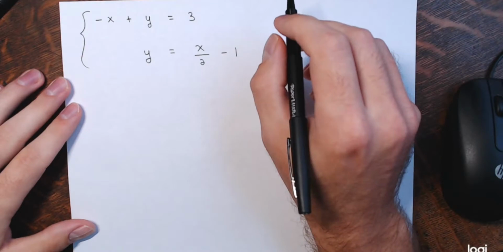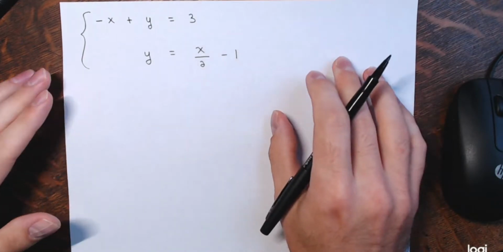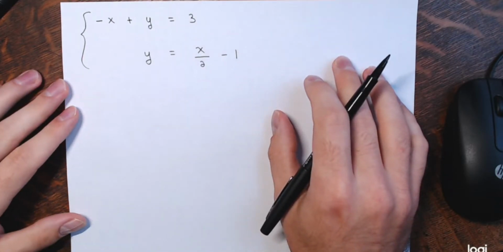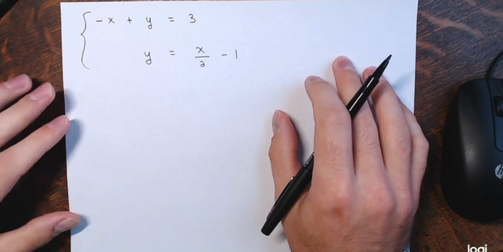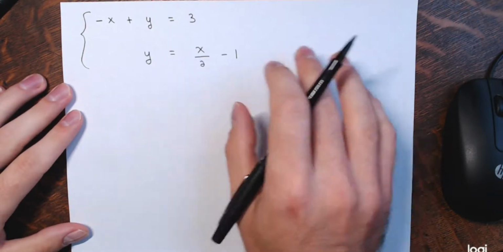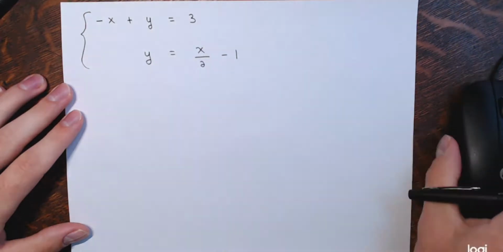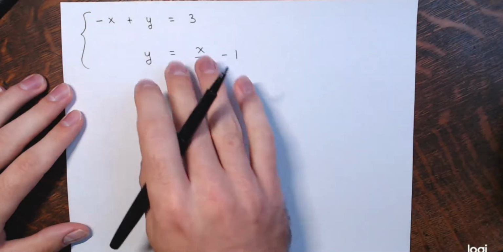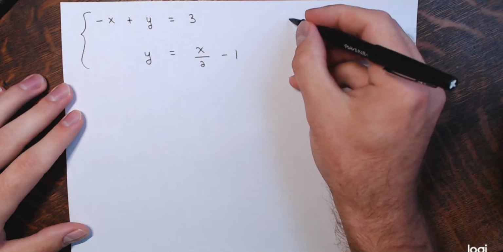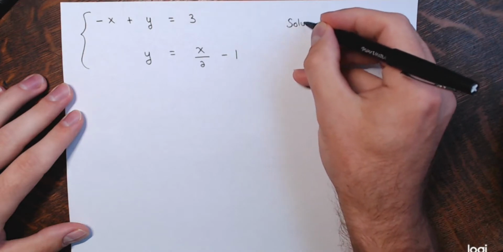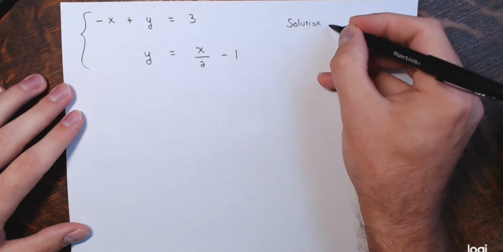Hopefully you recall, and again, I'm assuming when I do these assignment videos that you've seen other videos of mine or did the reading. Remember that a solution of a system is any ordered pair that satisfies all the equations. So I'll write that out.